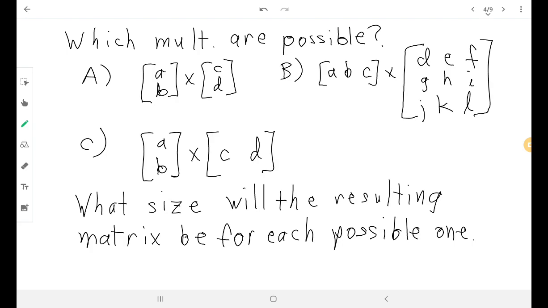So then the question comes up, are these possible? So question A, let's write down what the dimensions are, and then we'll look at it.